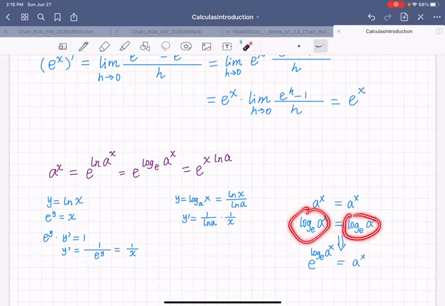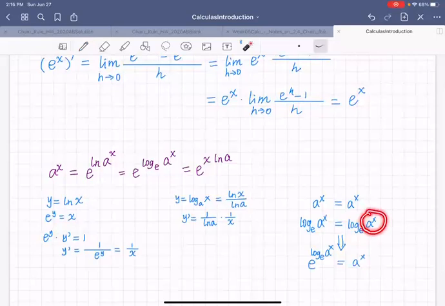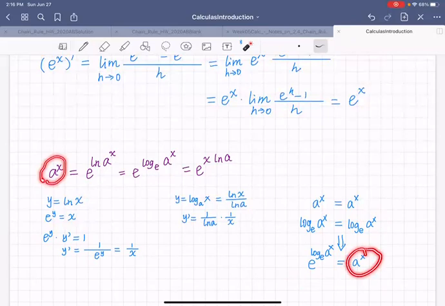These two are equal, and this is e to the power of this whole thing. Based on this, a to the power x equals e to the power of log base e of a to the power x. You can write ln.